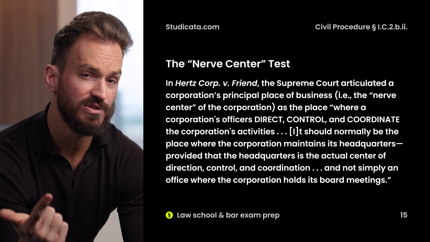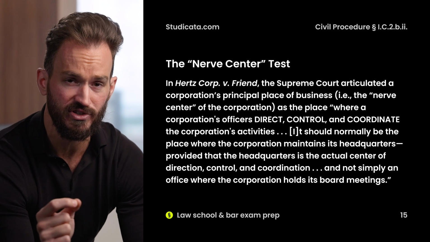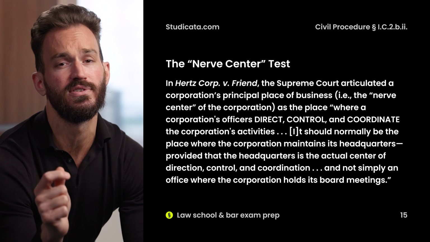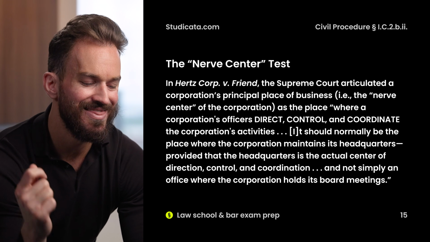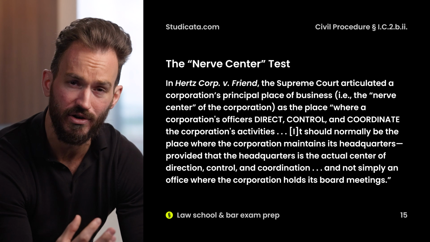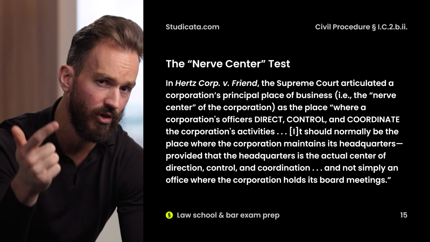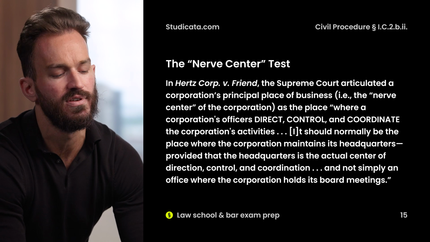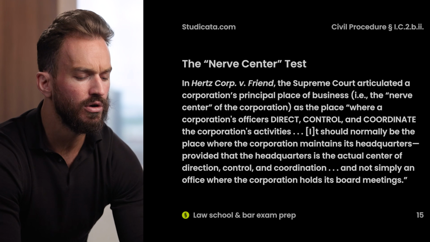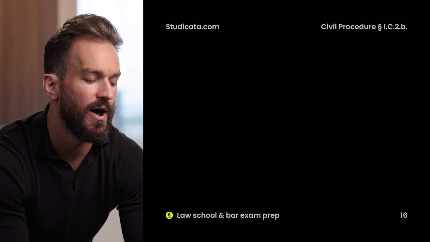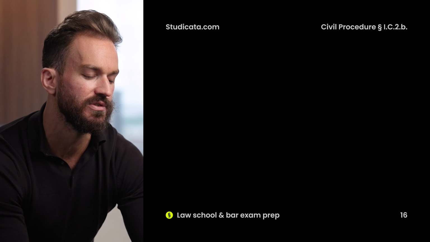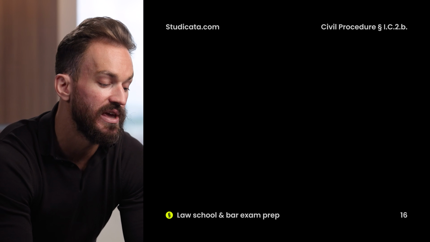The other place where they're going to have citizenship is the nerve center test, where their principal place of business is located. And that's going to be the headquarters where the officers are DCCing, directing, controlling, and coordinating the activities of the business. So let's look at some basic fact patterns, just based on what we talked about.